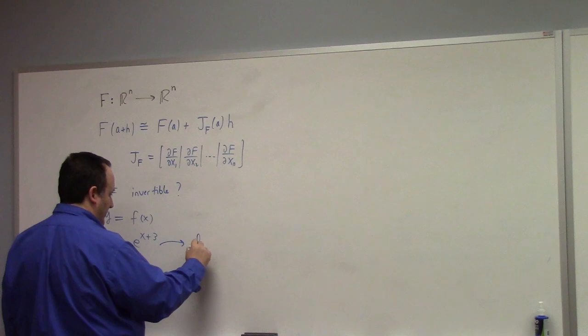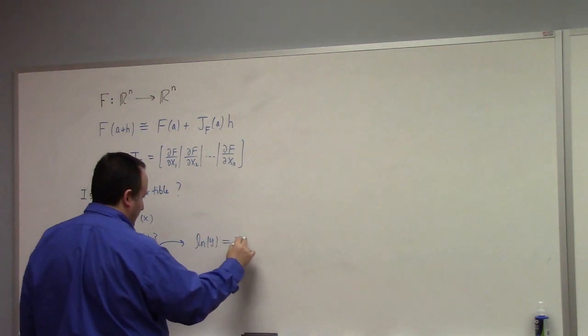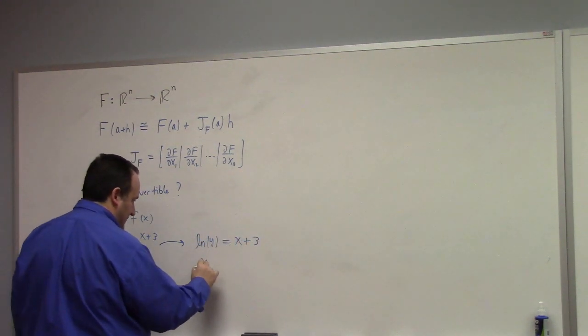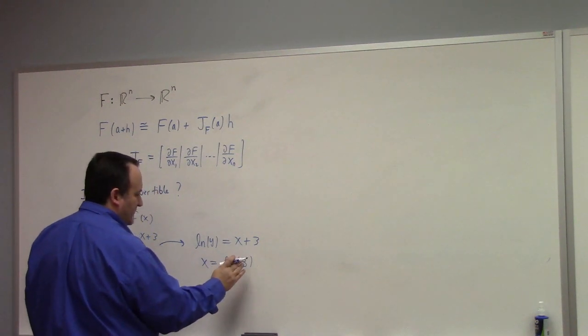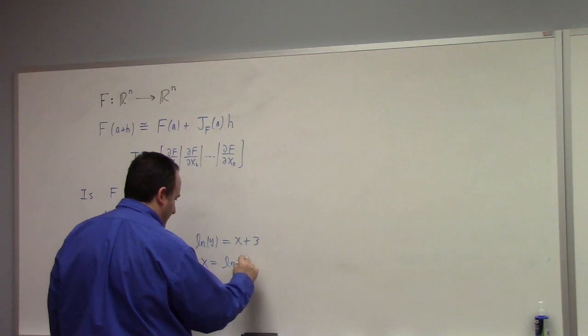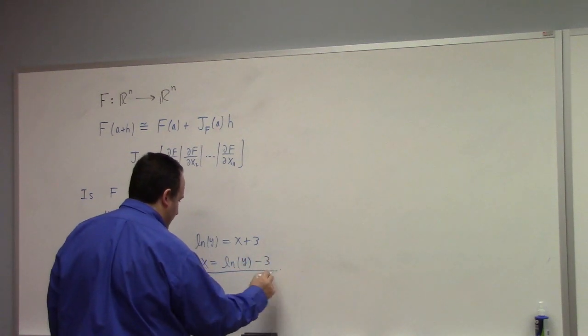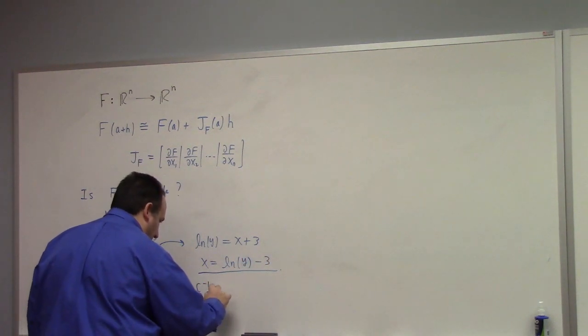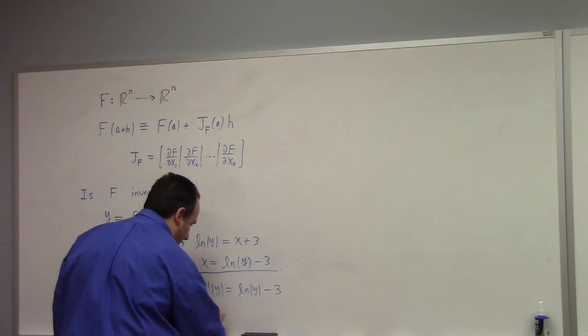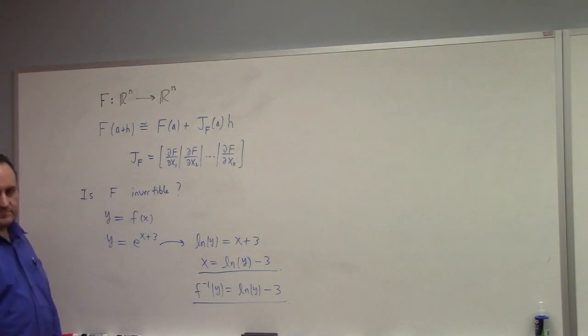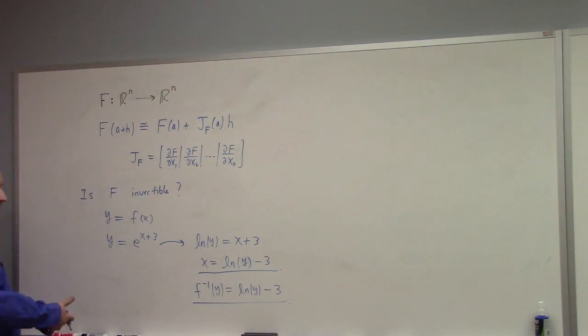We take the natural log of y, and we get x plus 3, so x is natural log of y minus 3. There you go: f inverse of y is equal to natural log of y minus 3. So to find the formula for the inverse, you literally solve for x. That's all you do. The same is true for a multivariate function.